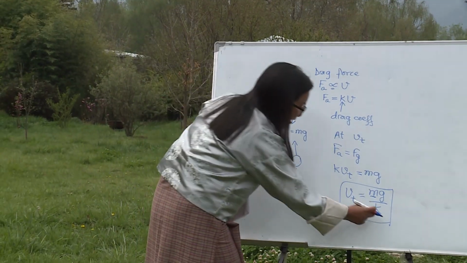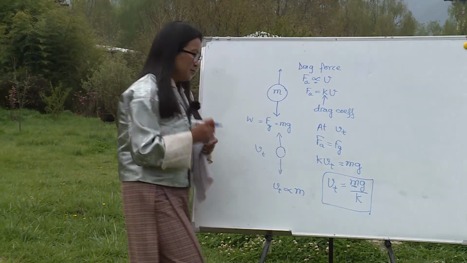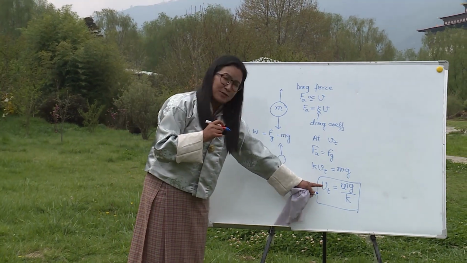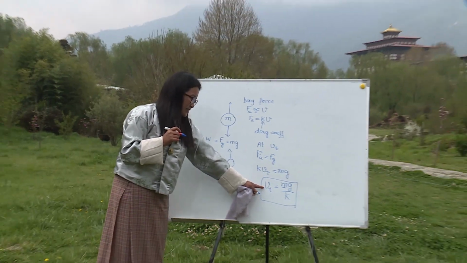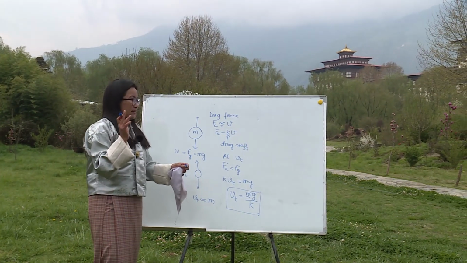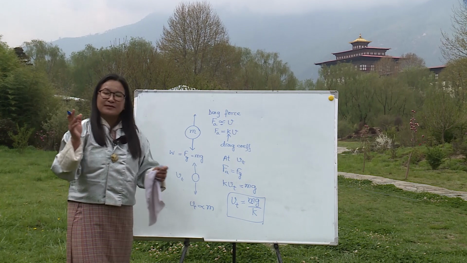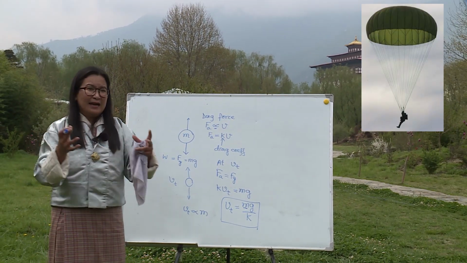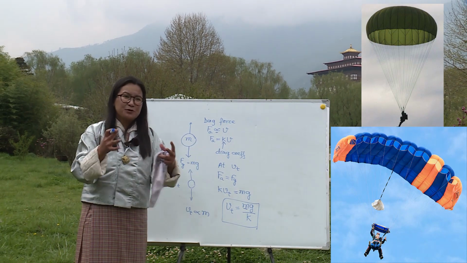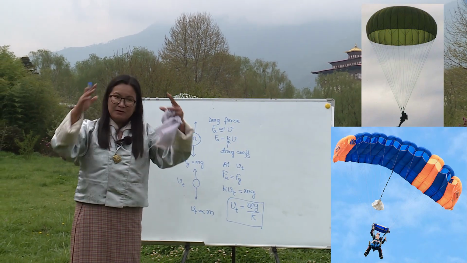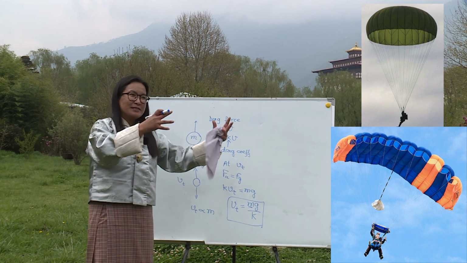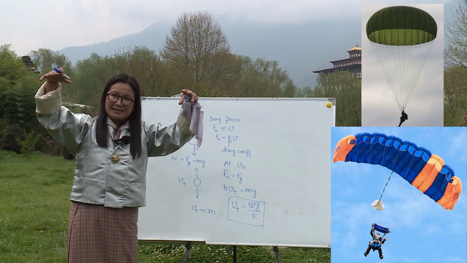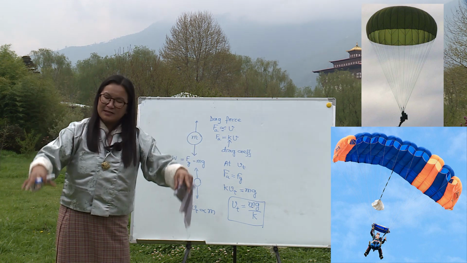Here I talked about k, the drag coefficient. This also has some impact on terminal velocity. For instance, take the example of a military parachute and a commercial parachute. Usually the military parachutes are smaller in area and the commercial parachutes are bigger in area. If they are dropped from the same height, which one is going to reach down faster?